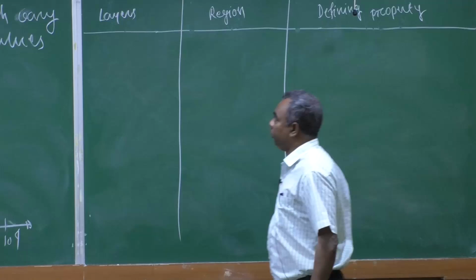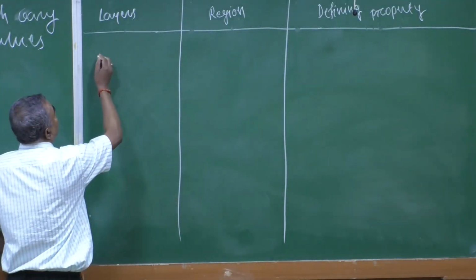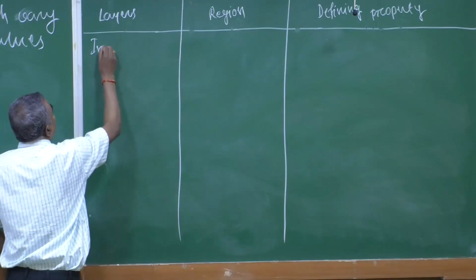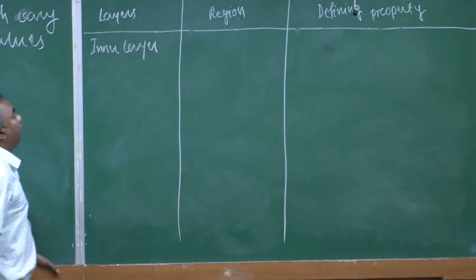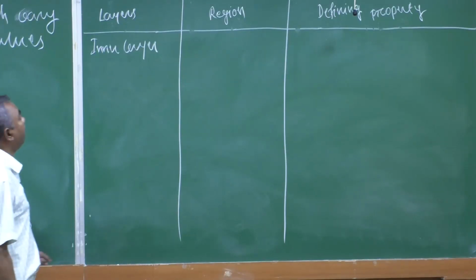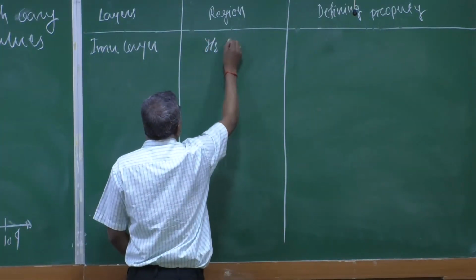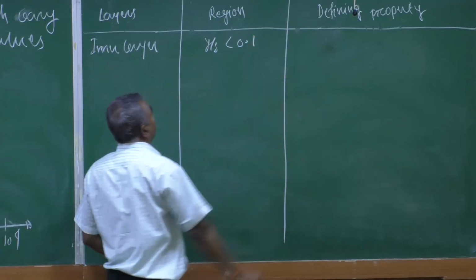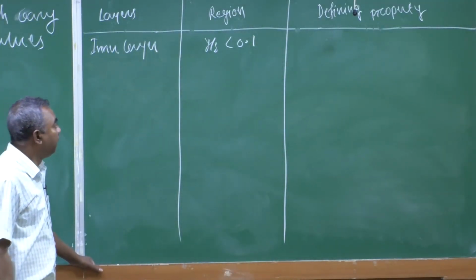So, we know the inner layer, which holds good for y by delta less than 0.1. That is what we call the inner layer.